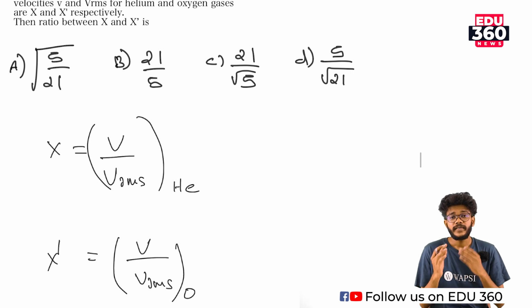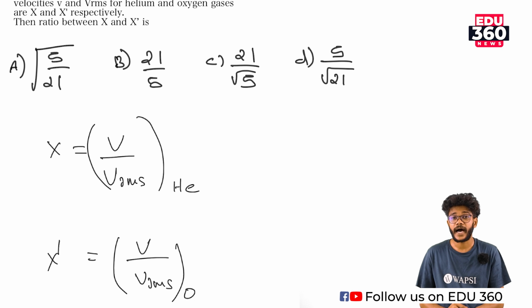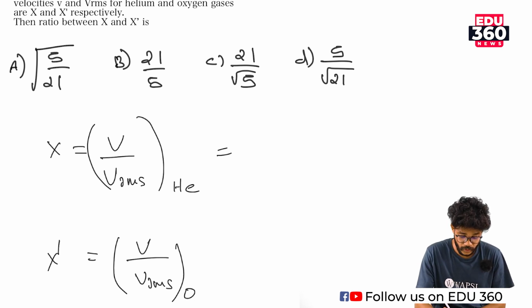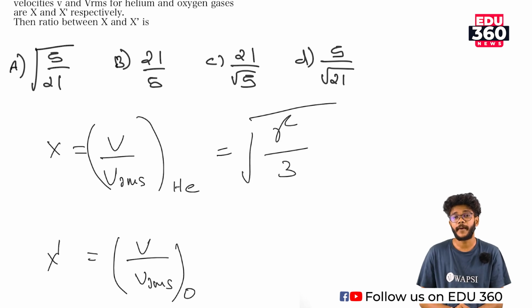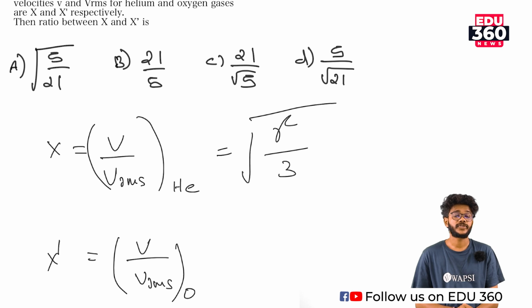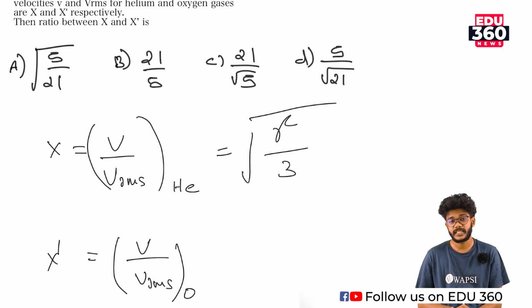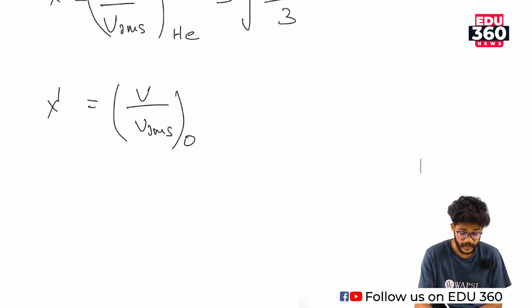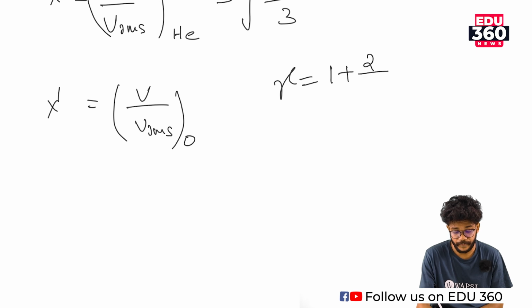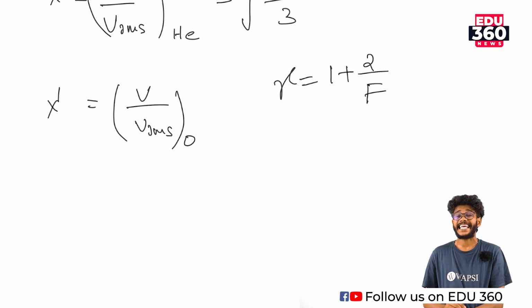So what is the relation? Which relation connects the V and Vrms of a molecule? It is nothing but root of gamma by 3. What is gamma? Gamma is the ratio of specific heat capacities, Cp by Cv. How can we find the gamma? Gamma is nothing but 1 plus 2 by F. What is F?